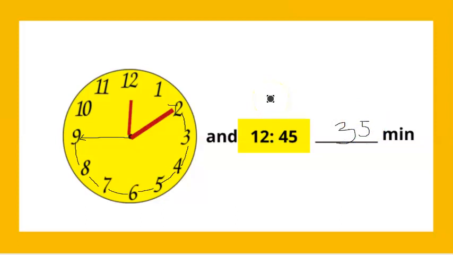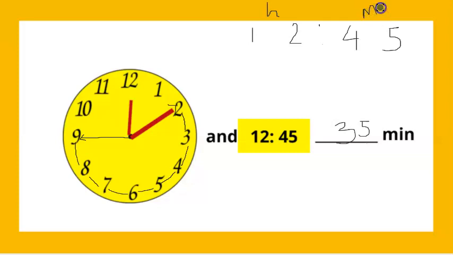Now, mathematically, if I want to do this, I'll subtract this from this time here. So I have 12:45. This is hour. This is counting in hours, and this is counting in minutes.